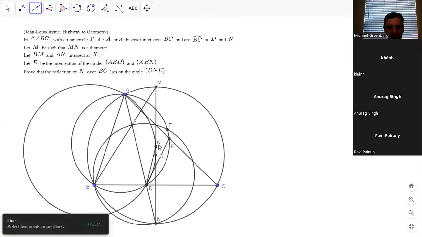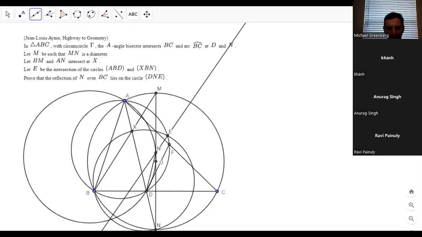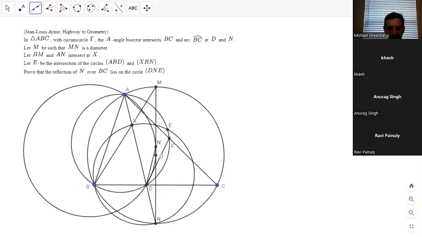Can we try to show that angle? If we prove DEN equals ADO. Are you sure ADO?